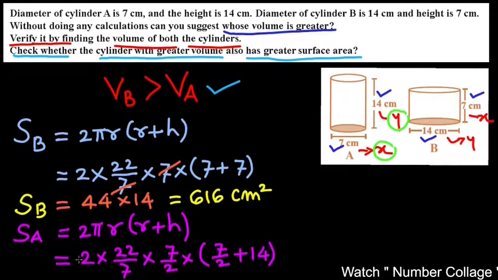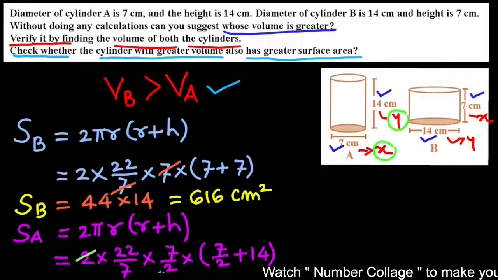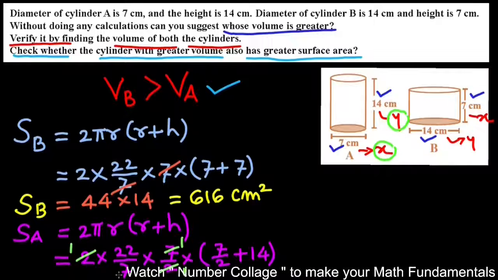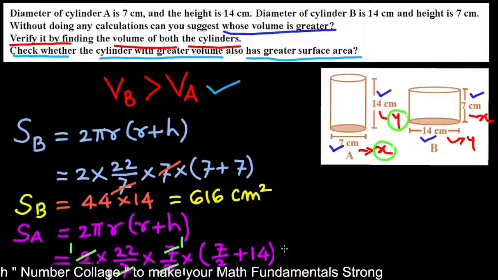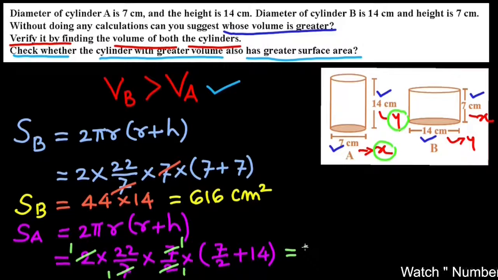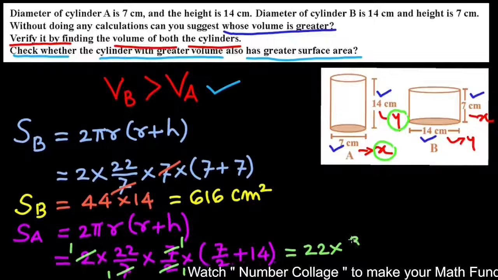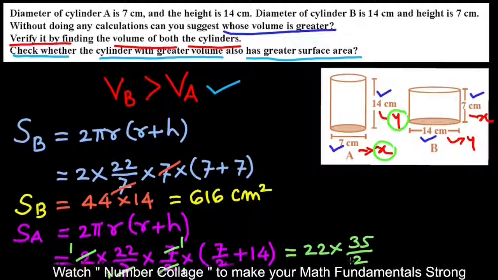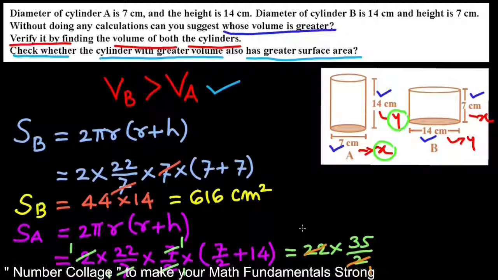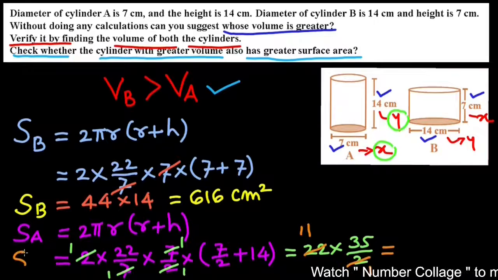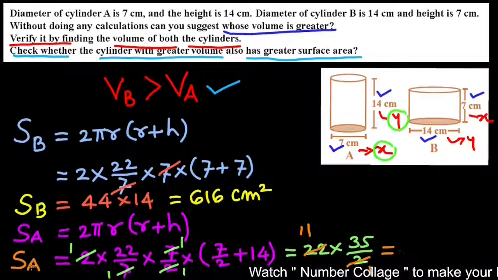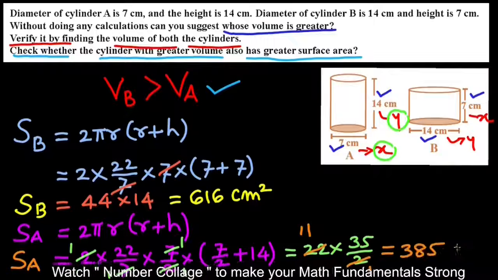So here this 2 cancels with this 2, this 7 cancels with this 7, and we get 22 multiplied by 35 upon 2. Here also 2 elevens are 22. That gives us surface area of cylinder A equals 385 cm square.